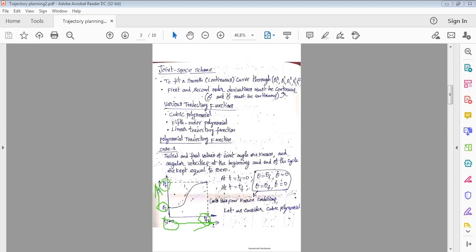In between the initial and final points, the curve may represent a cubic polynomial function. This is our assumption; it is not given. If it is a cubic polynomial function, what is the trajectory of position, velocity, and acceleration? We have to go into the details.